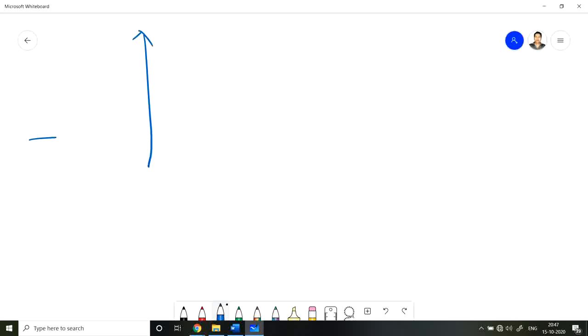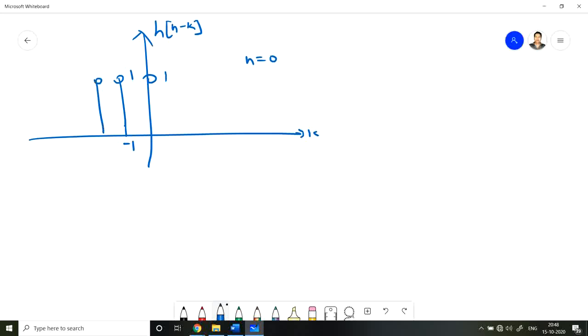Now let us do it for other values of n. Let us consider n equals 0. So the plot of h[n minus k] with k is like this. For n equals 0, at 0 it is 1, at minus 1 it is 1, at minus 2 it is 1.